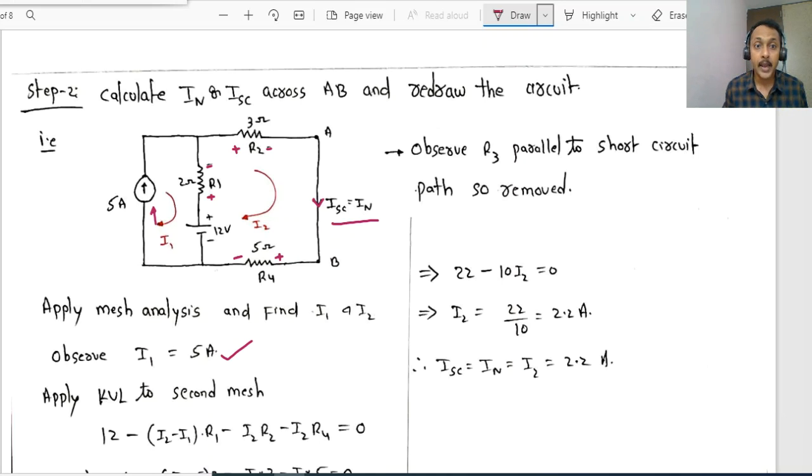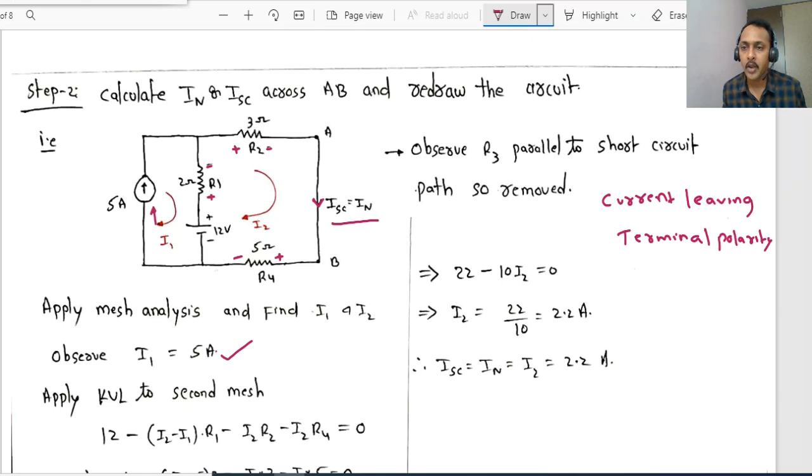Now let me apply KVL to mesh 2. Let me start from the voltage source. We will consider the current leaving terminal polarity throughout this course. Current leaving terminal polarity is considered for voltage sign.